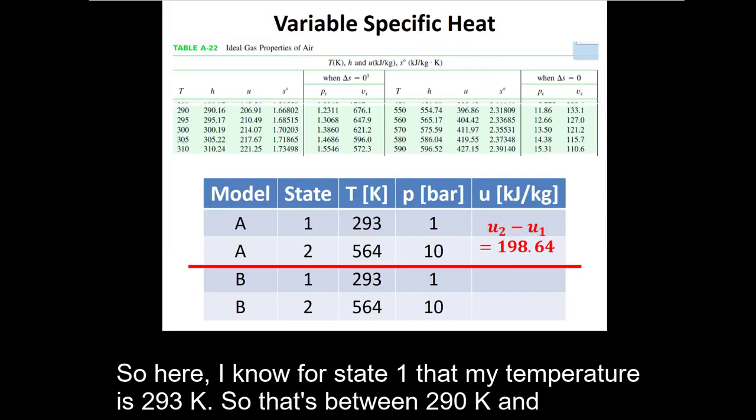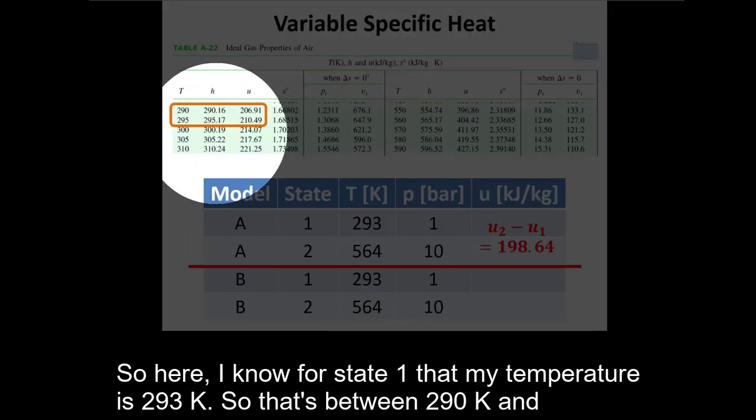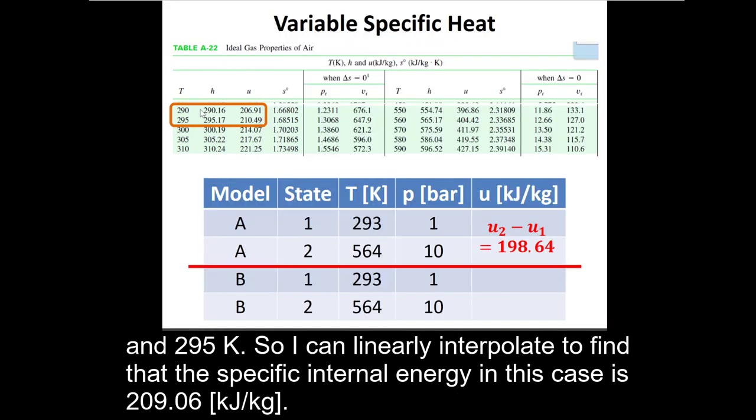So here, I know for state 1 that my temperature is 293 degrees Kelvin. So that's between 290 and 295. I can linearly interpolate to find that the specific internal energy in this case is 209.06 kilojoules per kilogram.